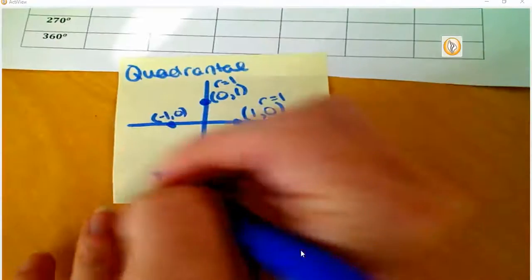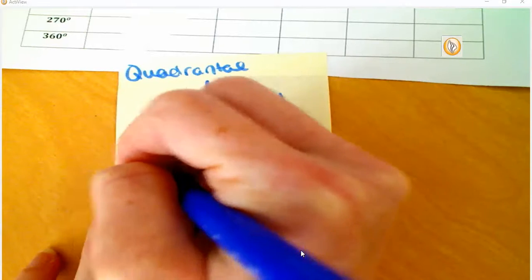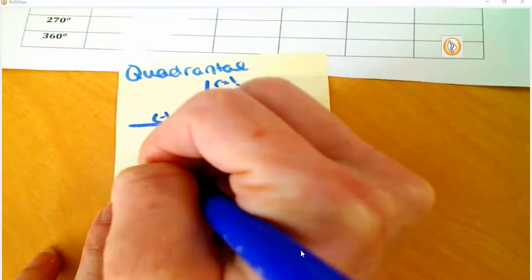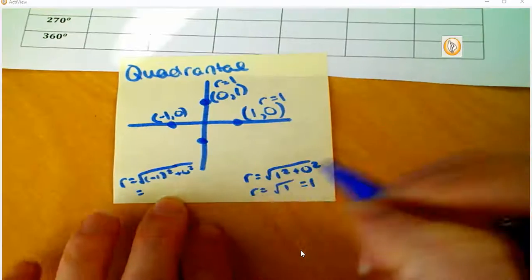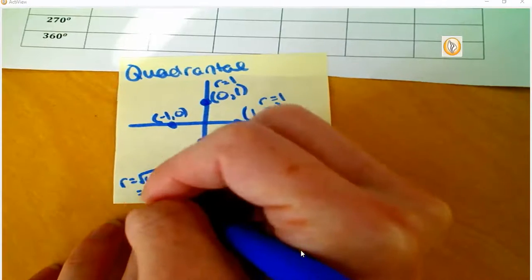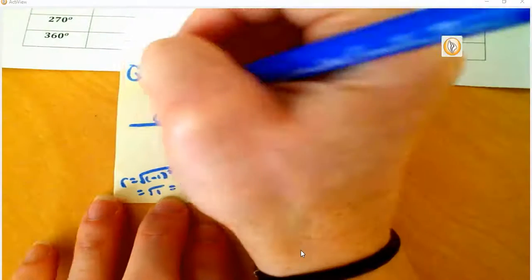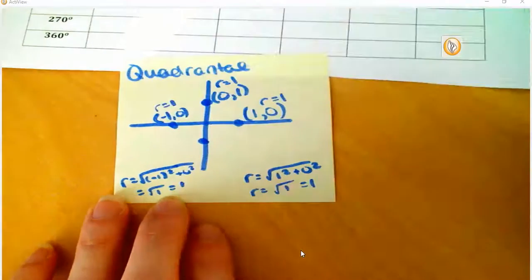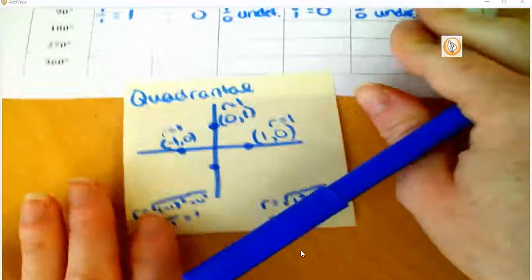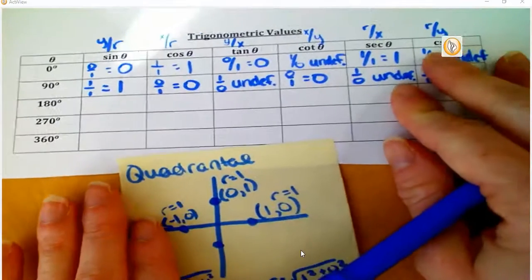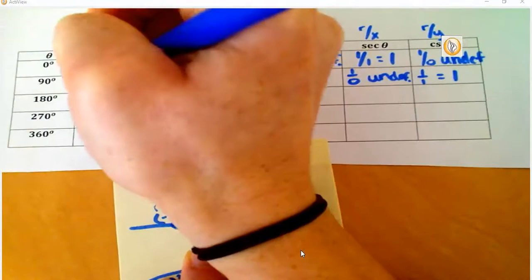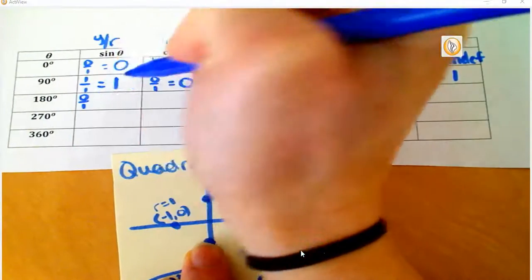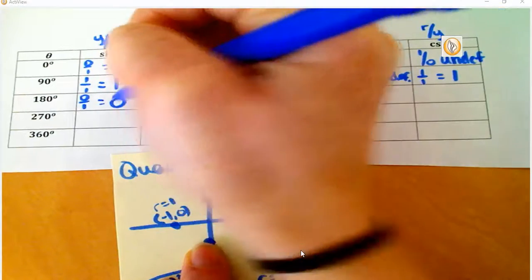So if you find r, negative 1 squared plus 0 squared. So negative 1 squared is 1, plus 0 is 1, and the square root of 1 is still 1. My radius is still 1 here. So y divided by r, my y is 0, r is 1, and we get 0 again.